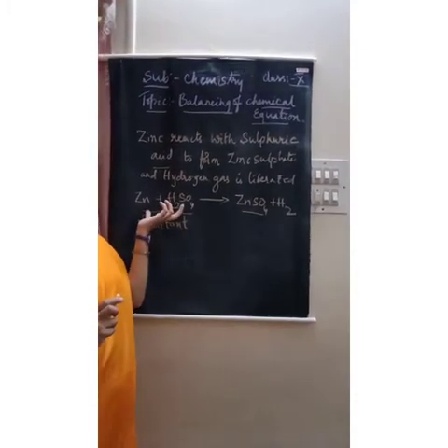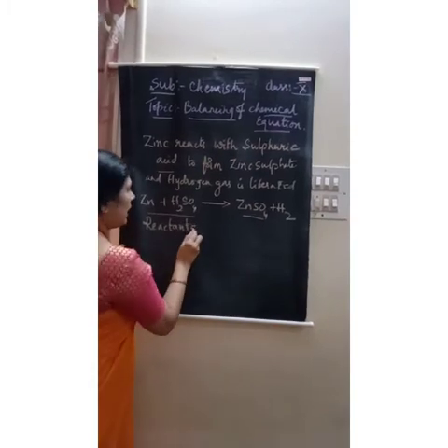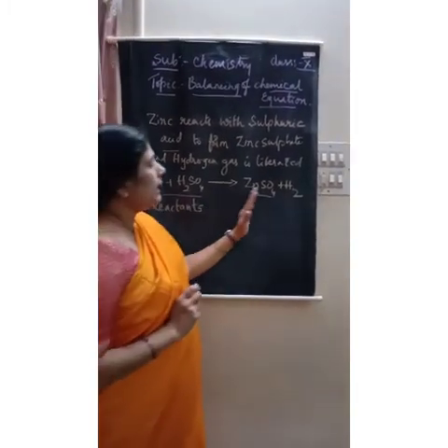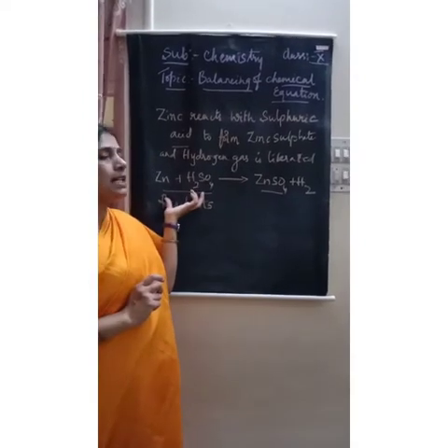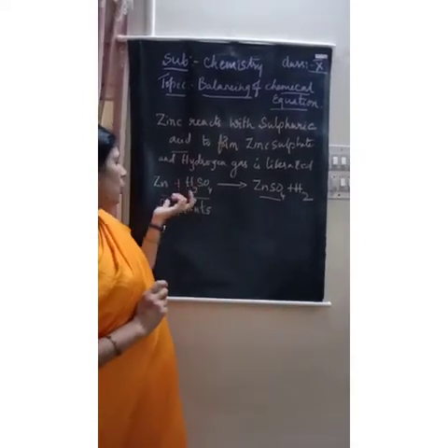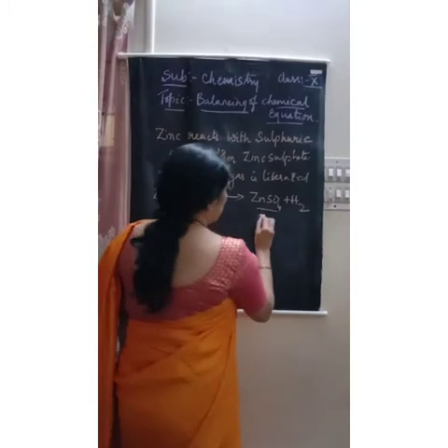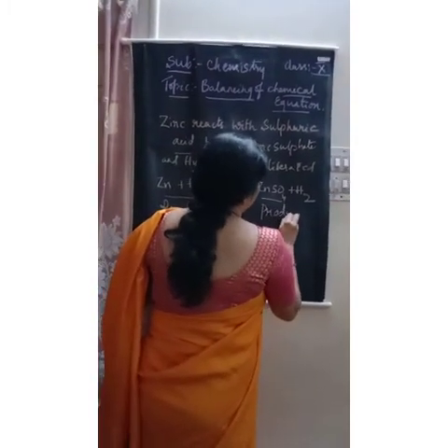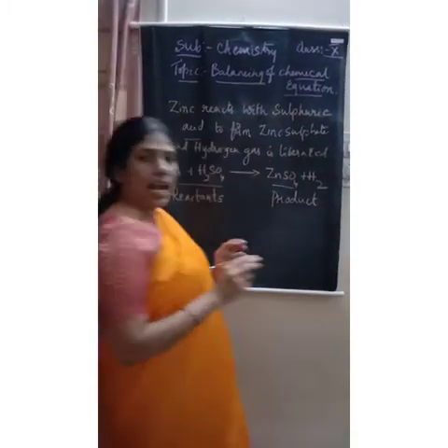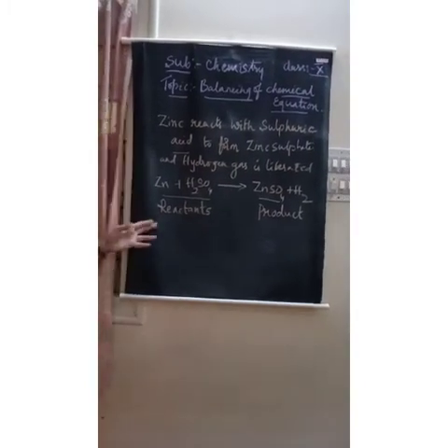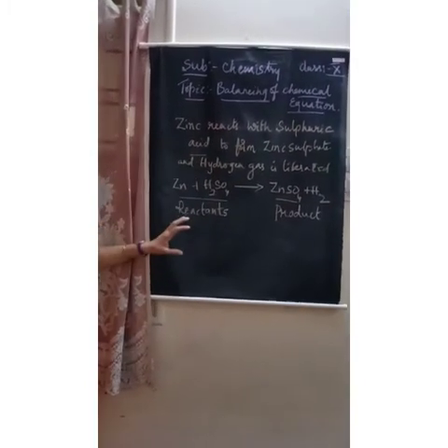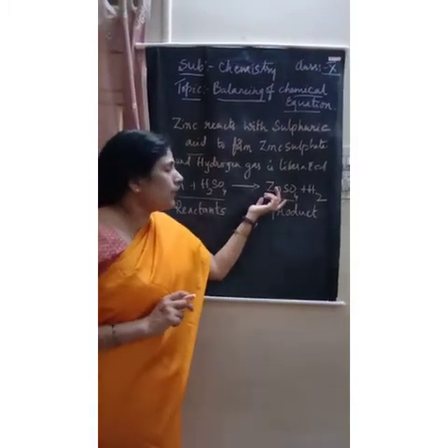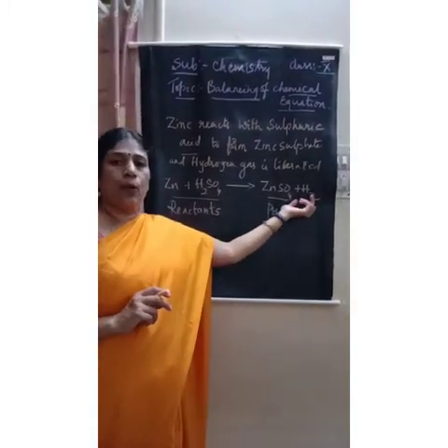Here two reactants are there. And the right hand side is the products. The arrow separates the reactants and products, right? Now my question is, name the reactants and products in this chemical equation. So zinc and sulfuric acid are the reactants, and zinc sulfate and hydrogen gas are the products.